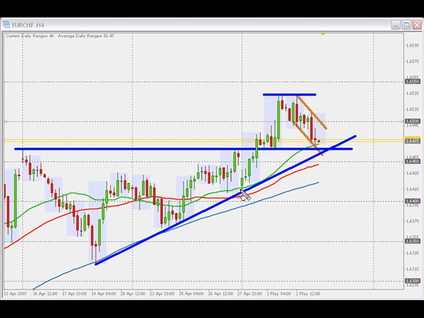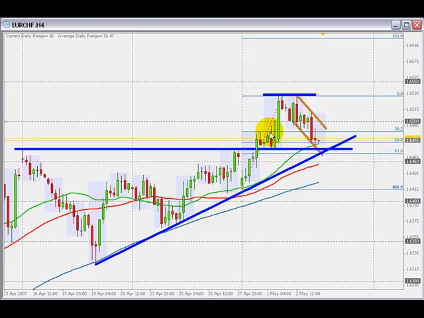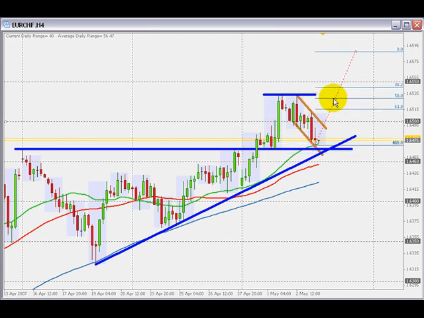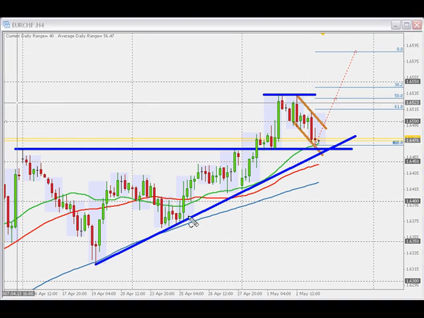Okay, once again you add the pole of the flag to the lowest point of the retracement of the flag itself, and let me actually measure that move for you. There it is. 165.87. Okay, 165.87 is the full projection. So let's be conservative, a few pips below, let's say 165.80, 165.75, around here. That's going to be my final target for this setup.